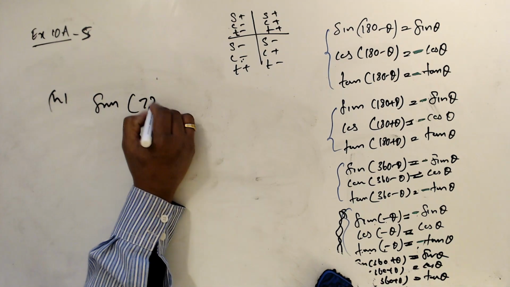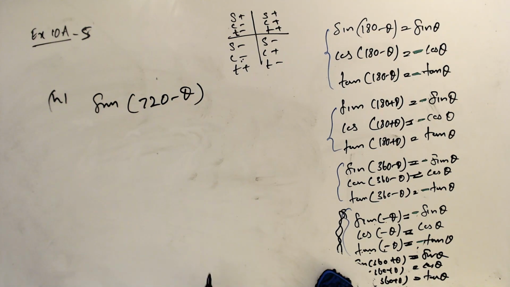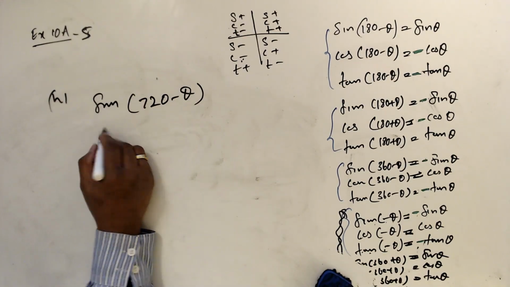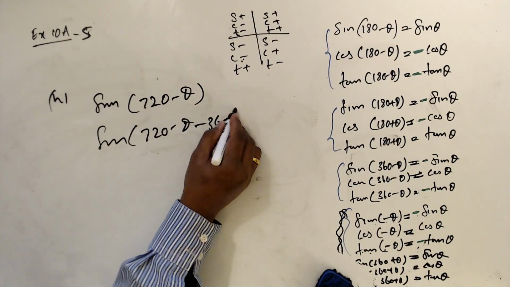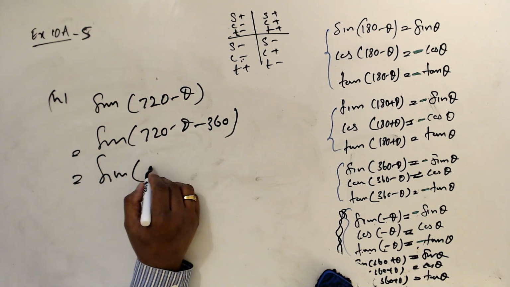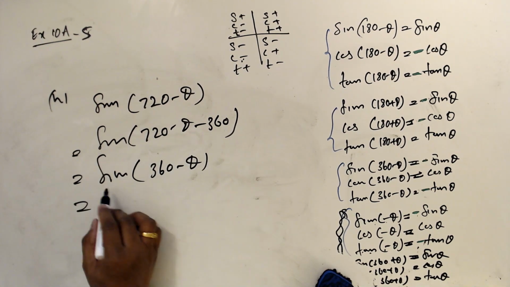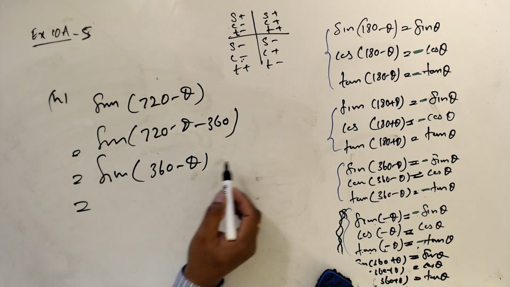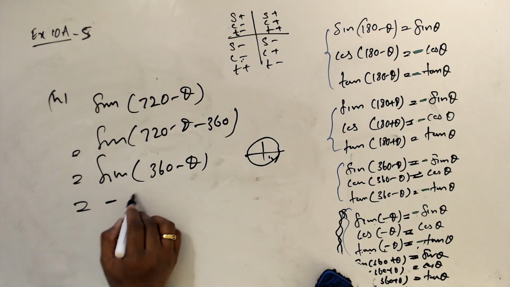Sine 720 minus theta. I'll take 360 out. Sine 720 minus theta minus 360, which is sine 360 minus theta. So sine 360 minus theta is in the fourth quadrant, where sine is negative.